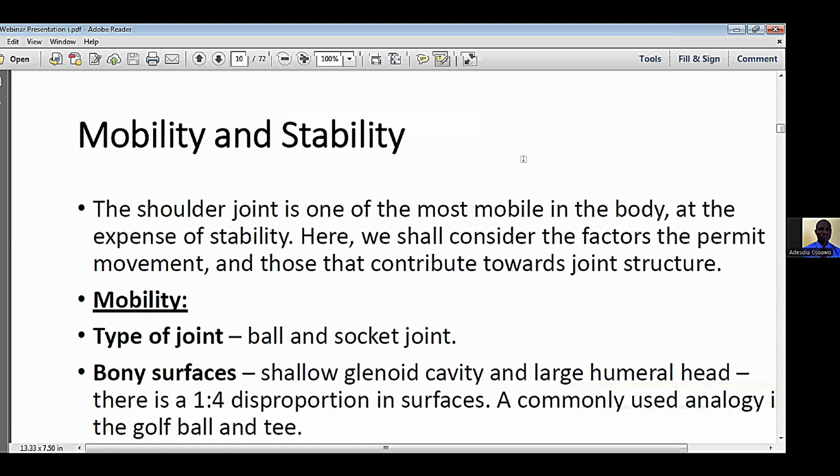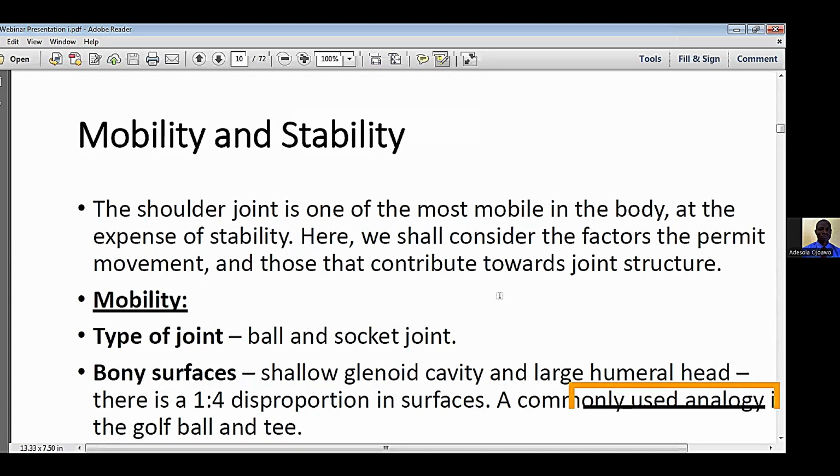We will get there as we go on. The shoulder joint is one of the most mobile in the body, as I've mentioned, at the expense of stability. What brings the stability are the muscles and the ligaments. We shall consider the factors that permit movement and those that contribute towards joint stability.